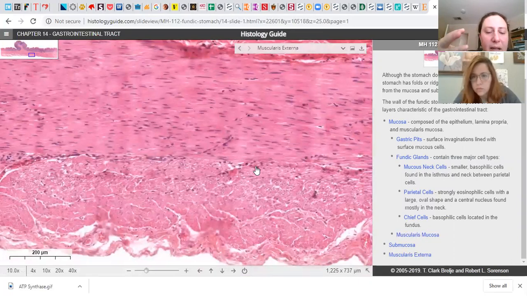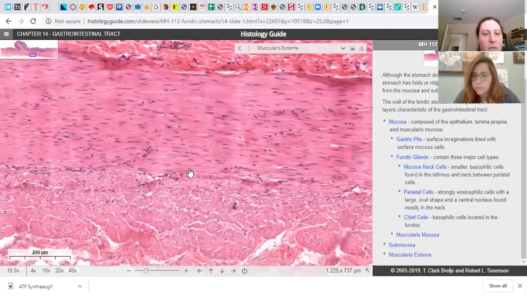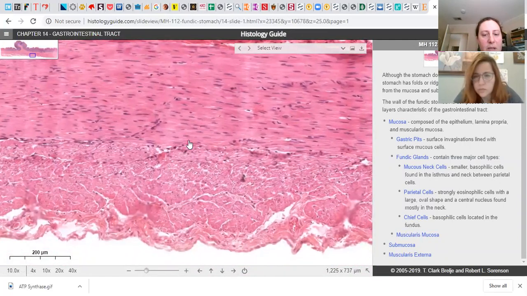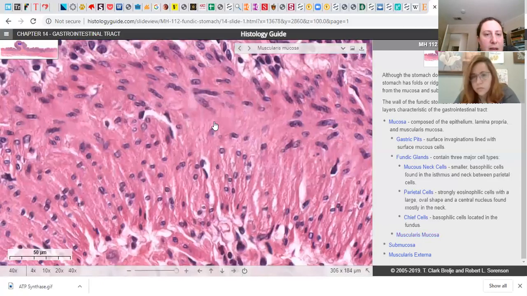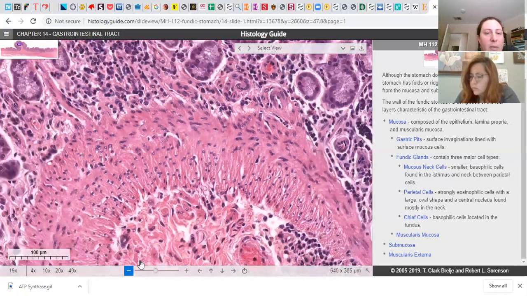So when we talk about the 4 layers of the GI tract, mucosa, submucosa, muscularis, and serosa, this is the one we mean when we talk about the muscularis layer. So this is longitudinal and this is circular. These are the 2 layers of smooth muscle of the muscular layer. And then this little muscularis mucosa guy is just the smooth muscle layer of the mucosa. So the mucosa has a couple different layers to it.